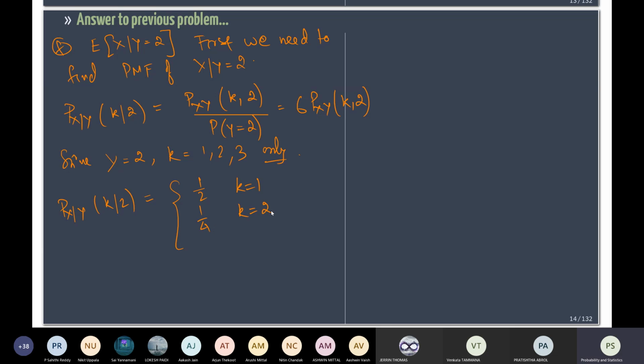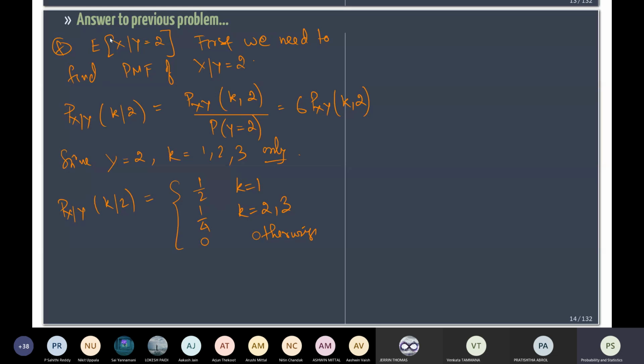For k equal to 3, the minimum is 2, so it is the same case. It is 0 otherwise, because other values of k are not possible, so those must be empty events.